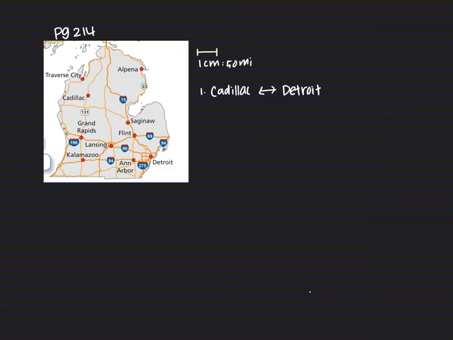The first question is this: how far is it from Cadillac, Michigan to Detroit, Michigan? So let's first find the two locations. Cadillac is right here on the upper left corner, and then Detroit is going to be on the lower right corner. So let's go ahead and mark those two places so we know that we're looking at them.